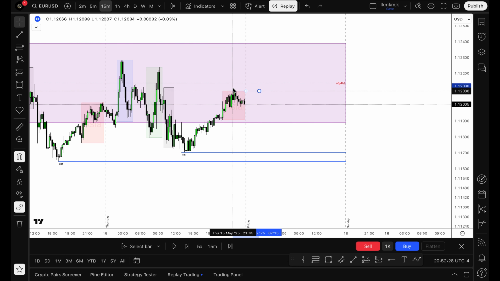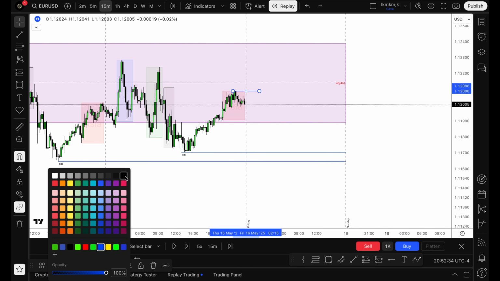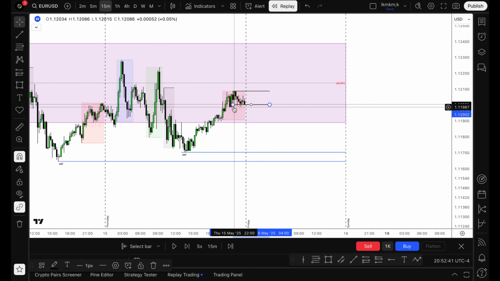You see, Asia has printed out. So now we're going to draw this out in time. We change this to black. So we've got Asia's high, and then we've got Asia's low, print that out there.